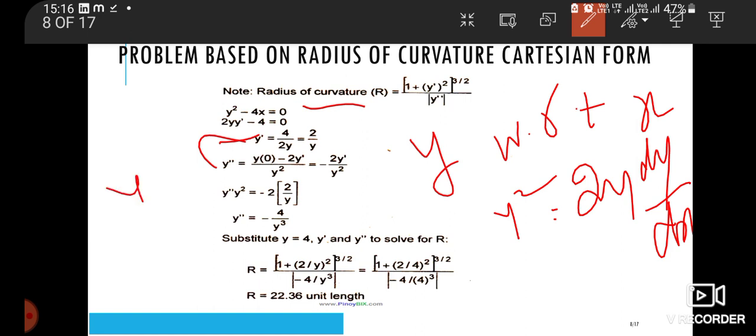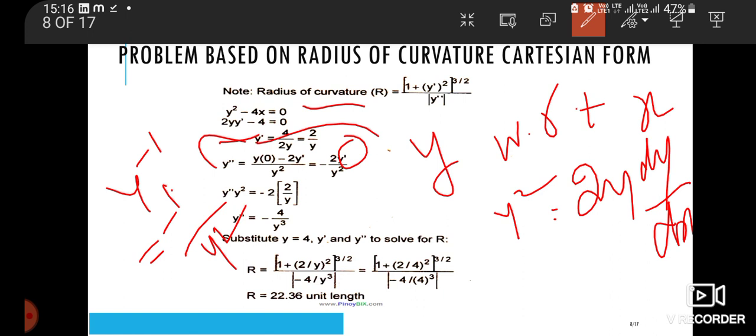We all know the derivative of y power minus 1 is minus 1 by y square. I can write like this. So I am going to replace the y dash value, which is 2 by y. So I am getting the y double dash value.